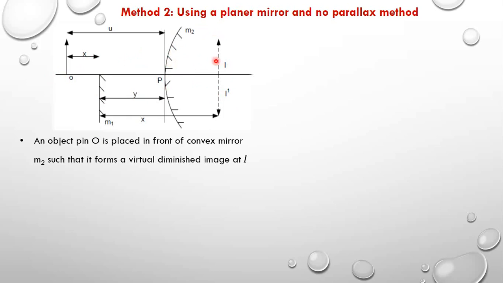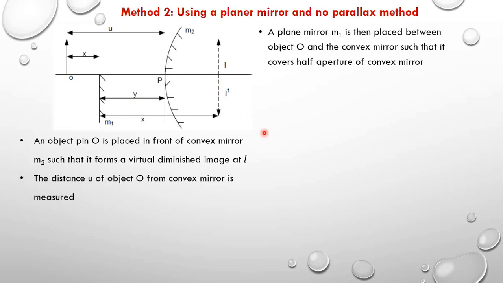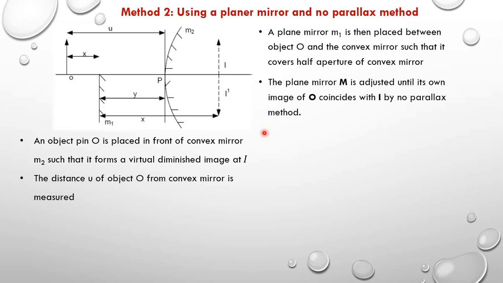This convex mirror forms an image, and this plane mirror also forms an image. So we shall adjust so that those two images coincide, by the no parallax method. When we have achieved that, we shall then measure the distances x and y.